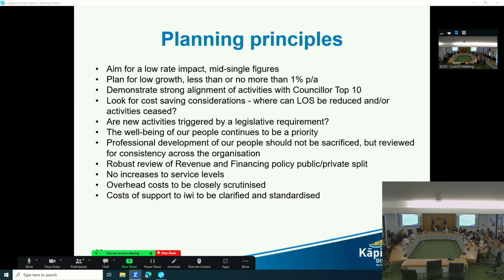Like, should there be an assumption that we don't increase service levels? Should, as Sophie had just questioned, is now the opportunity to feed back on these, or do you think we just see what washes up out of them, and then at that point we have the discussion?